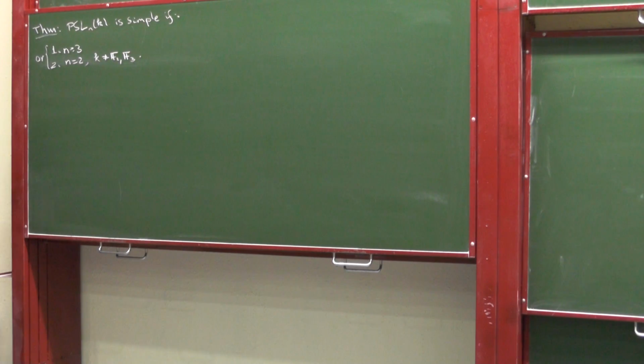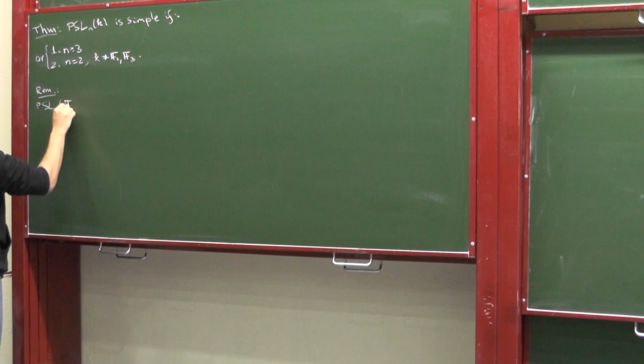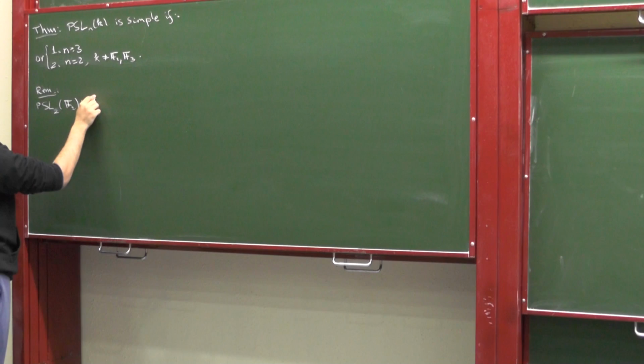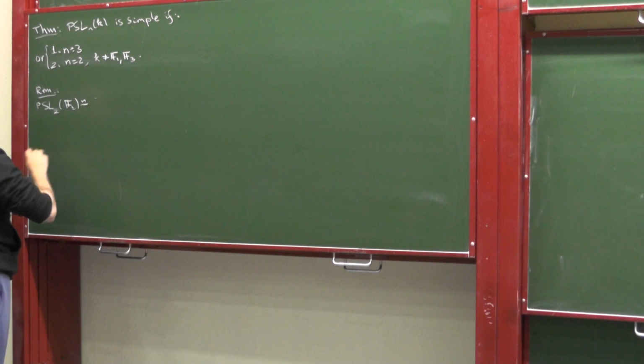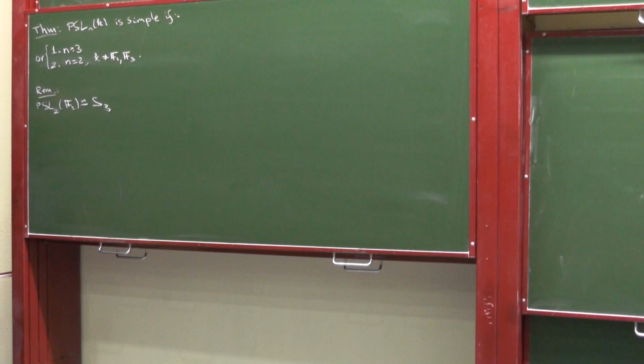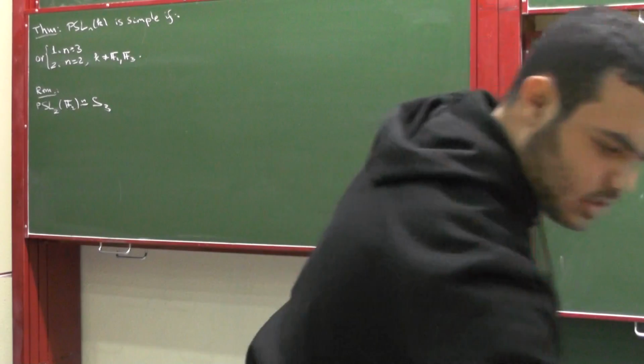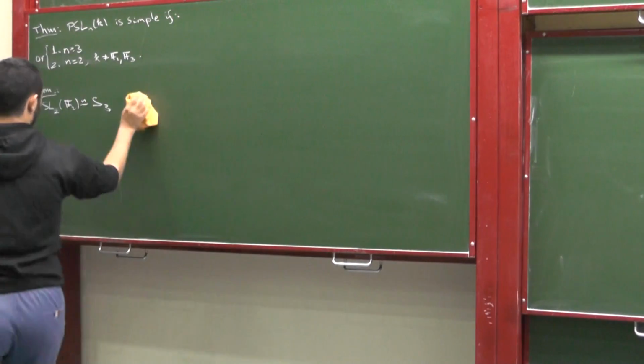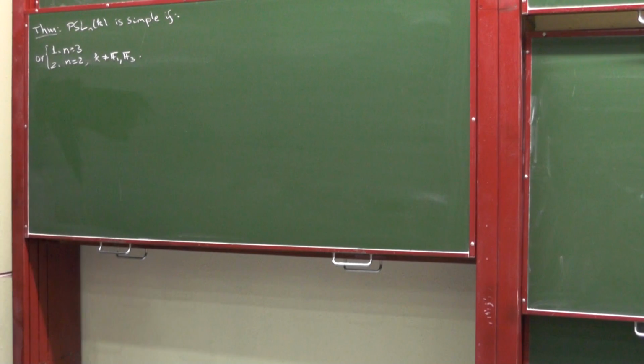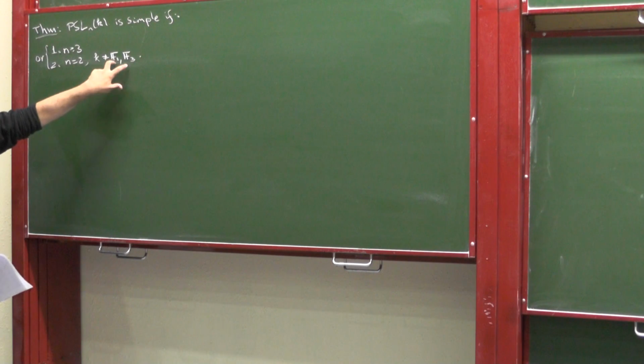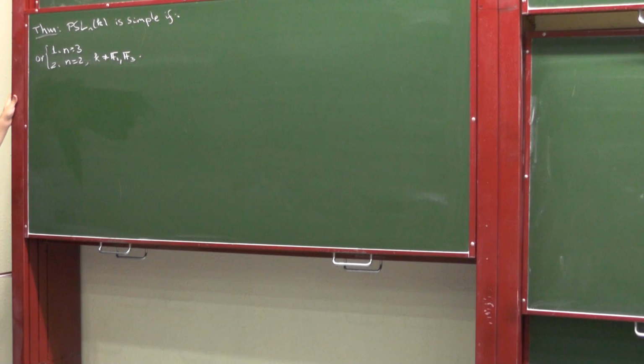Maybe I should remark that PSL_2(F_2) is isomorphic to S3, if I recall correctly. I don't remember if it's S3 or the alternating group on 3 elements, so I won't make this remark, sorry. But you can compute for n equals 2 and for these fields K the group and show by hand that it's not simple. Maybe it will be an exercise in the exercise sheet.